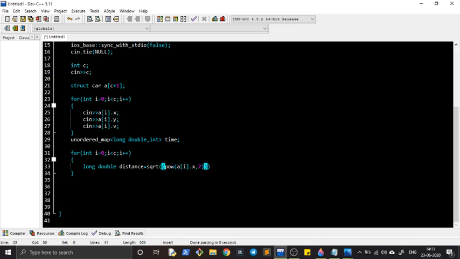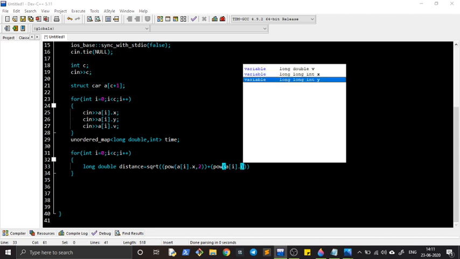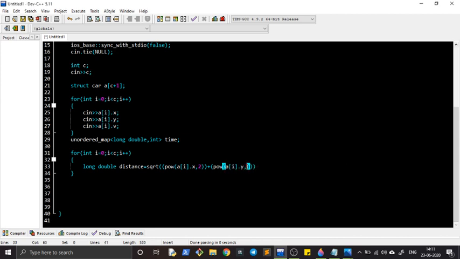Again we will just add the first card's y coordinate, so that will be pow again, ai dot y, and the power of 2. Okay, done, and we have the square root of the whole thing. So this we will get the distance. We already have the velocity or the speed, so let us take the time.